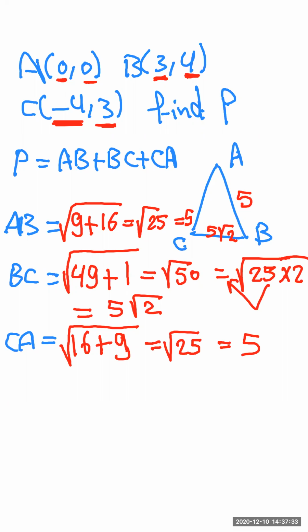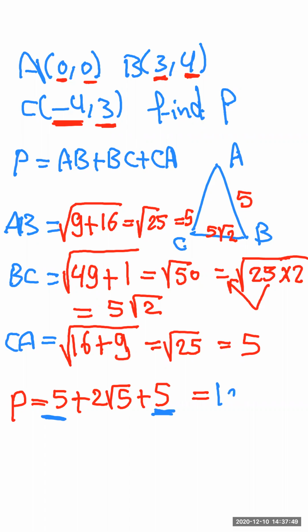Now the perimeter will equal 5 plus 5 square root of 2 plus 5. So now I can add 5 and 5. So it will equal 10 plus 5 square root of 2. So this is the perimeter of the triangle ABC.